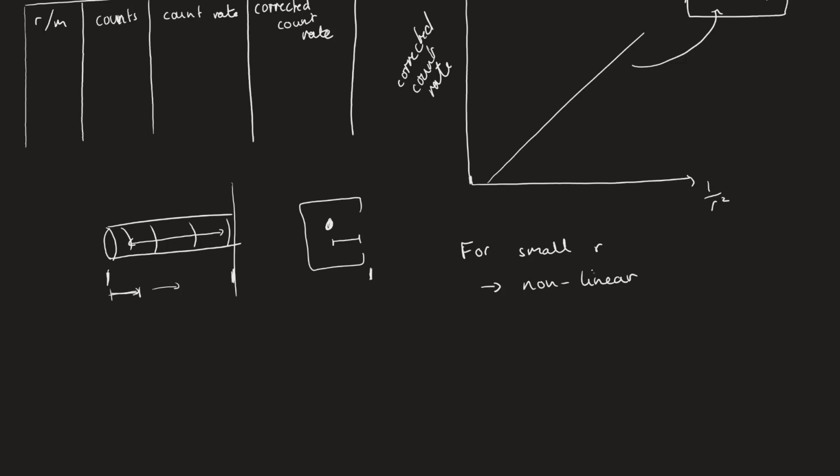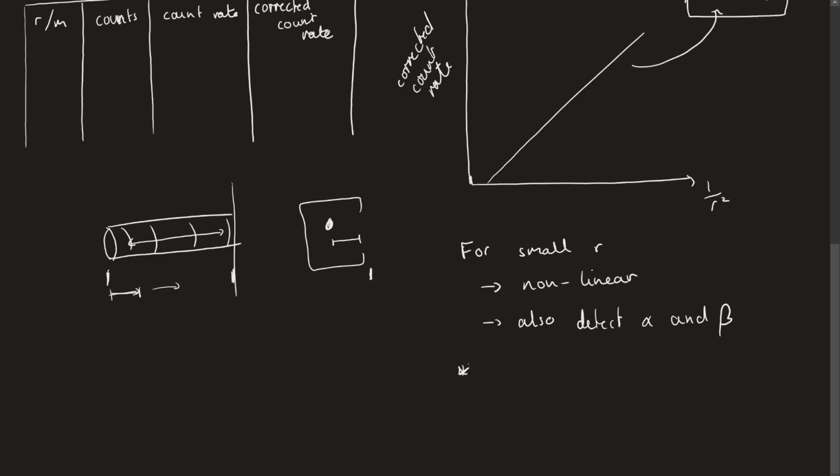So if you get closer, you're going to also detect some alpha and beta radiation, and that is why, if you go to maybe a few 10 centimeters, maybe a few centimeters, the closer you get, the more non-linear your curve is going to get.